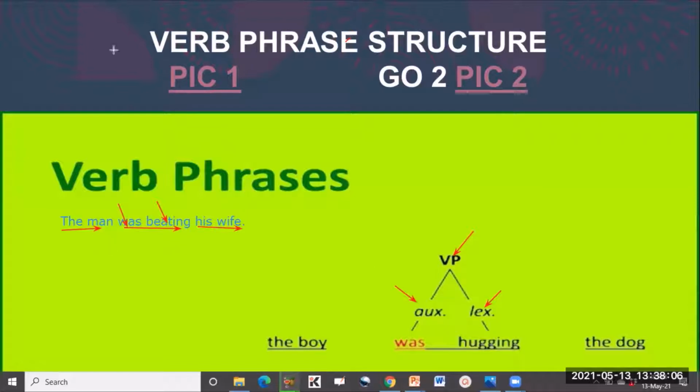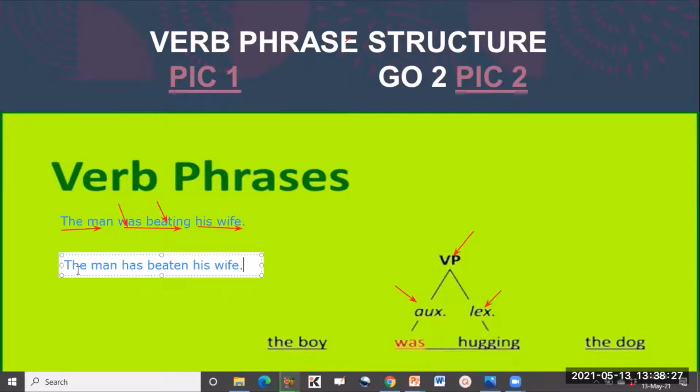Perhaps we can take one more example. The man has beaten his wife.